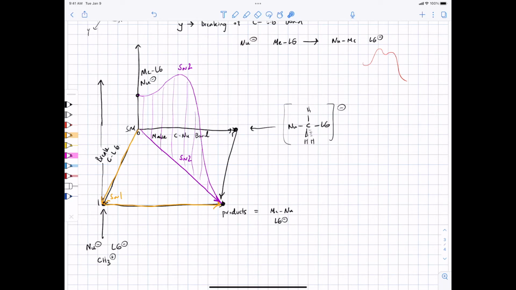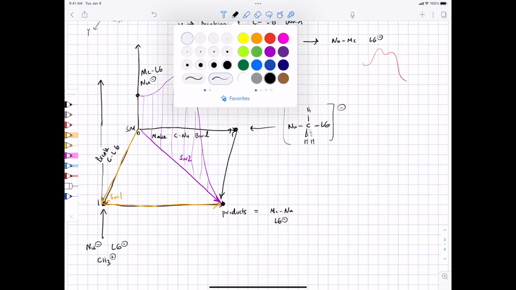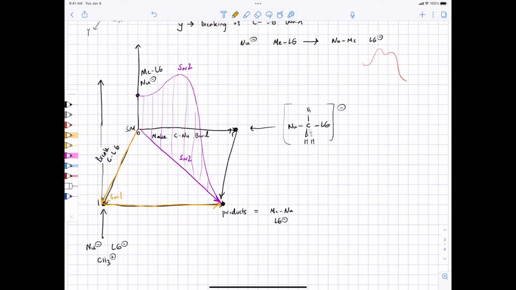So for the SN1 reaction, we expect a minimum at this point, though we expect it to be quite a bit higher in energy. And this is where perspective and imagination is going to be necessary.